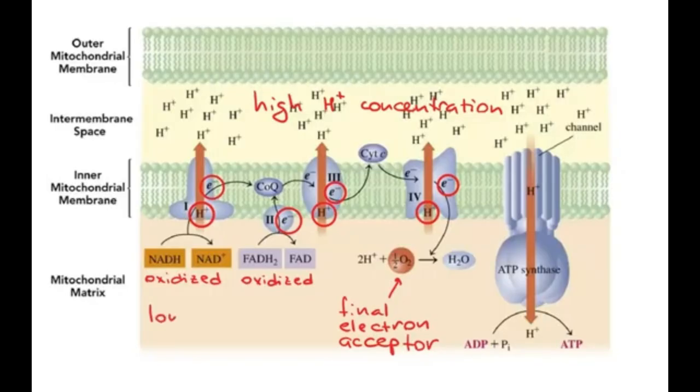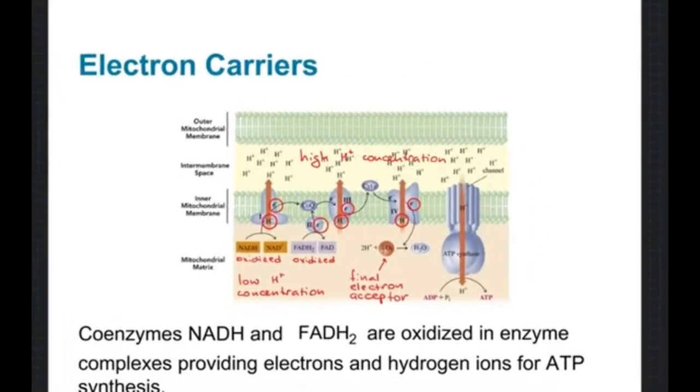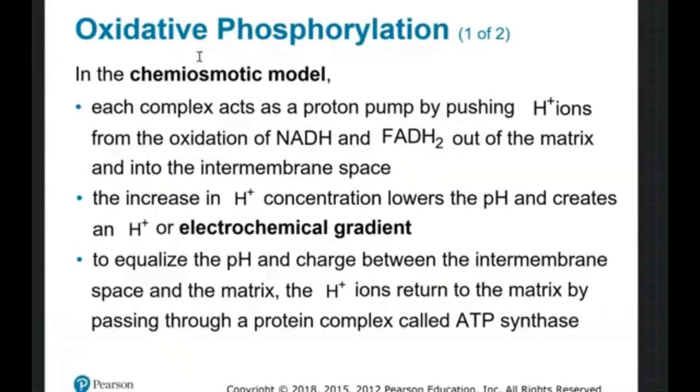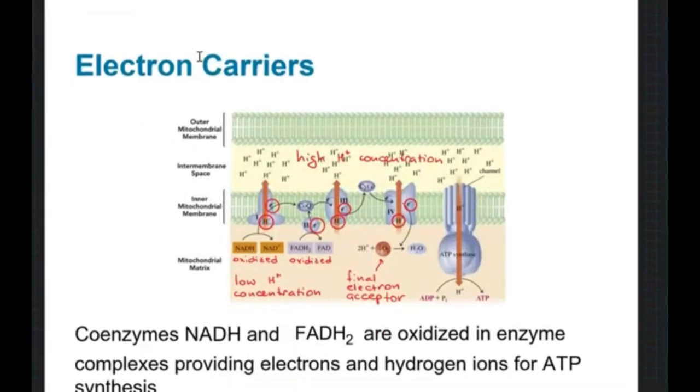And low hydrogen concentration on the other. Okay? Now, you may remember that when we have this distribution of concentrations, it's called the gradient. Okay? So here's your hydrogen on one side in the intermembrane space.